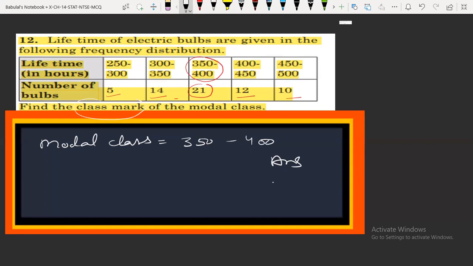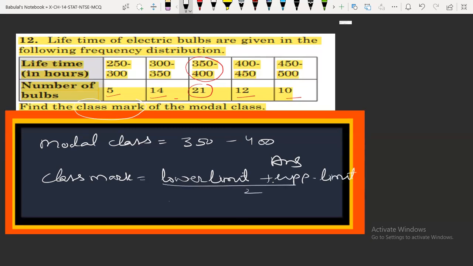So class mark means the mid value of the class. So class mark is lower limit plus upper limit divided by 2.